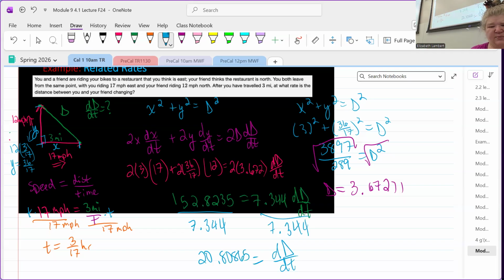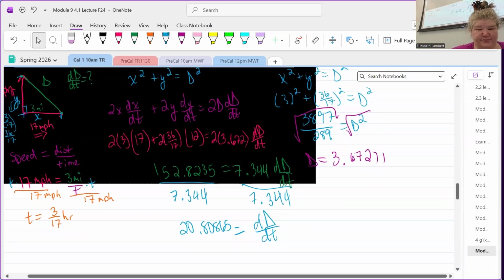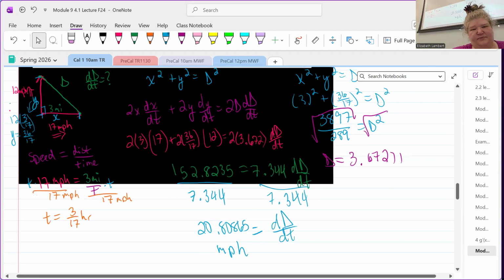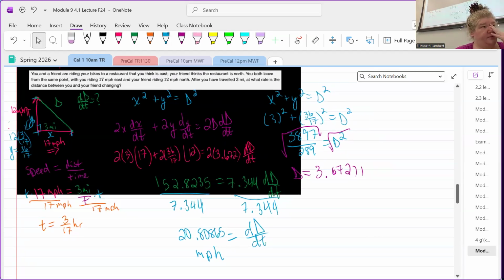I end up with 20.80865. And this would be miles per hour. And all three of those rates are increasing. They're all getting bigger, so they should all be positive. So the sign here makes sense.